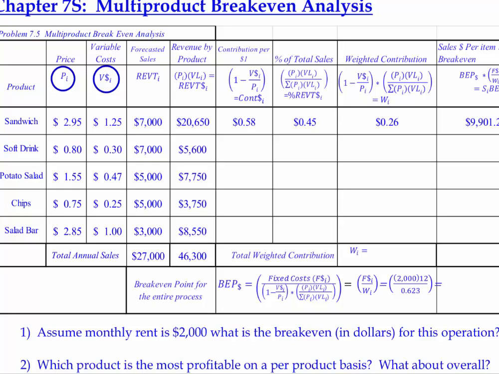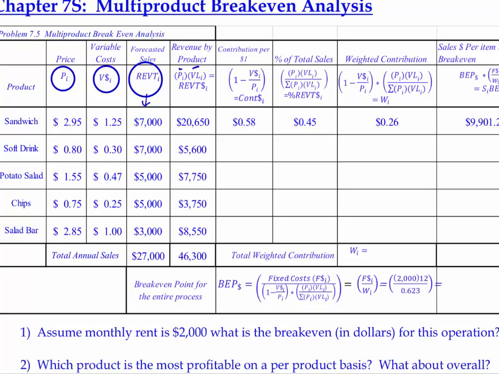Then over in the next column we've got forecasted sales, which we're going to notate as Rev T for that item. It's the price, $2.95, multiplied by the volume, which I have as VLi here.